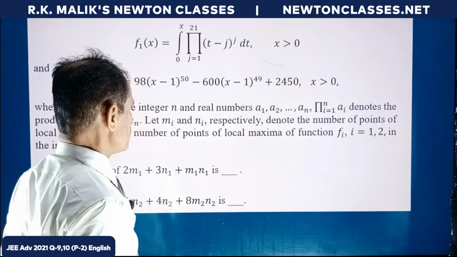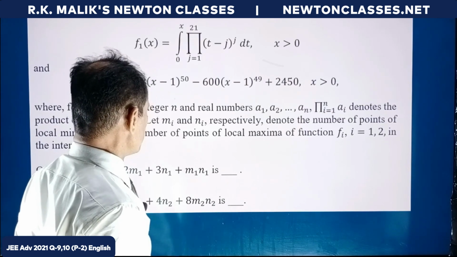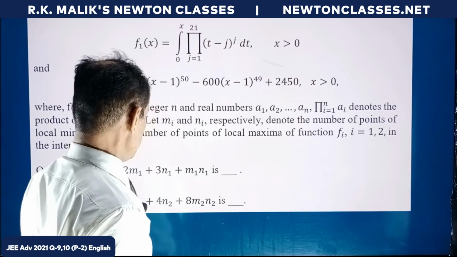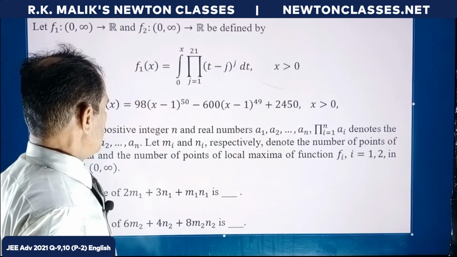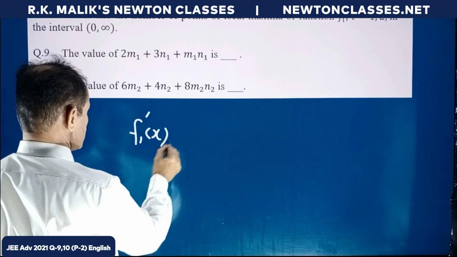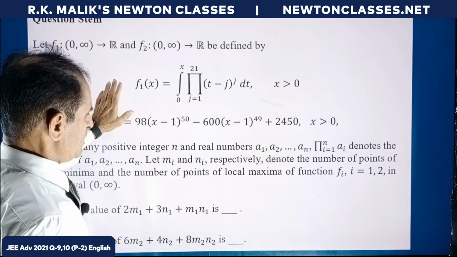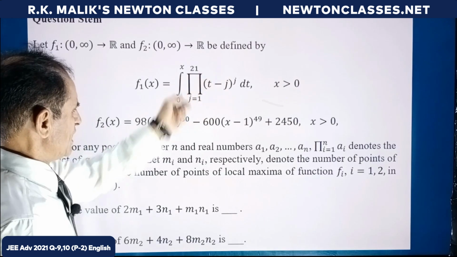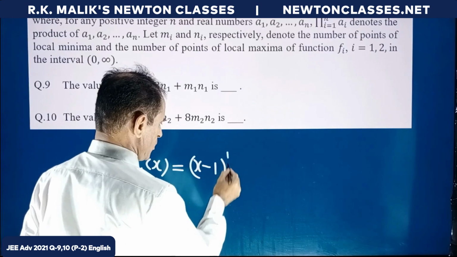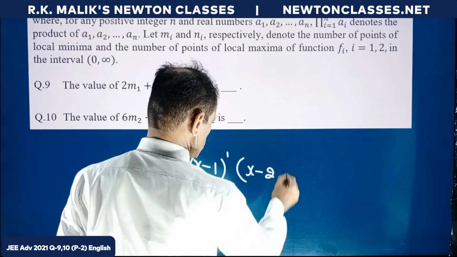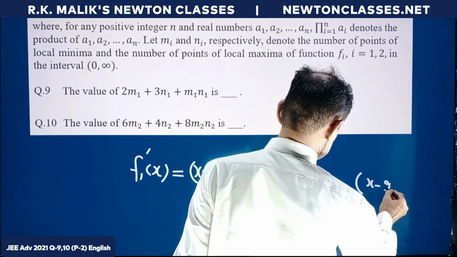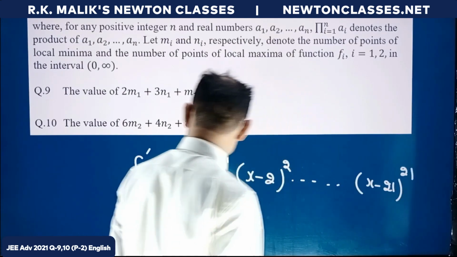It seems to be a lengthy question, but actually it is absolutely not a lengthy question if you use the concepts I have just told you. First, let us deal with f1(x). It is clear that f1 dash x, after using the Newton-Leibniz formula for finding the derivative of this, we will get (x minus 1) to the power 1 into (x minus 2) whole square, and so on up to (x minus 21) to the power 21.